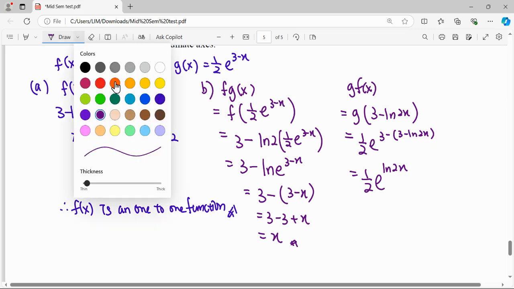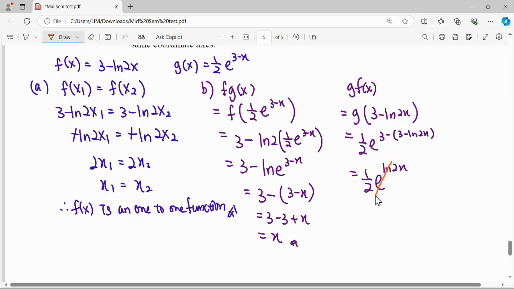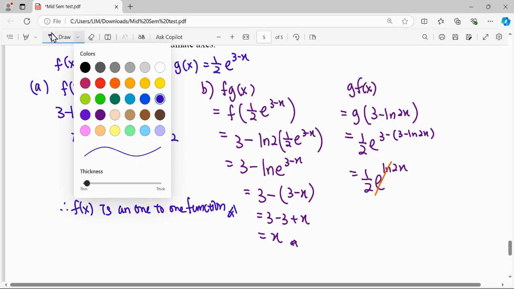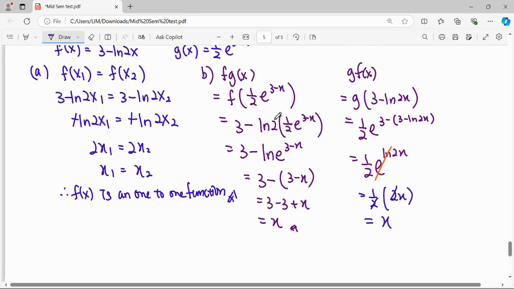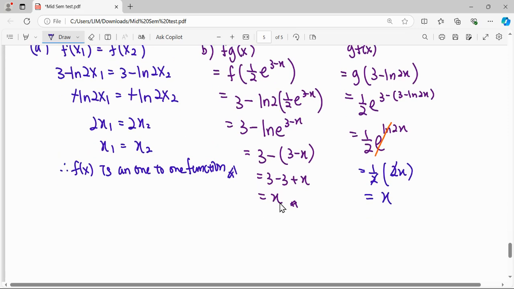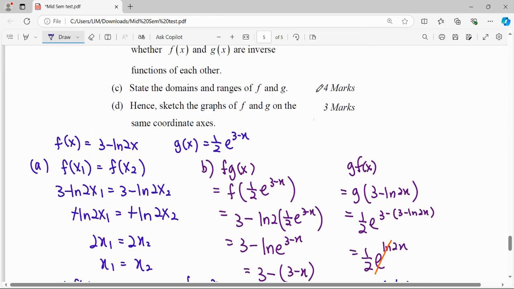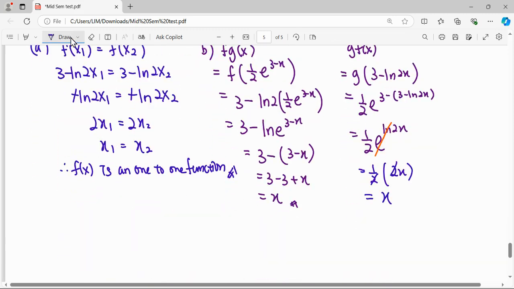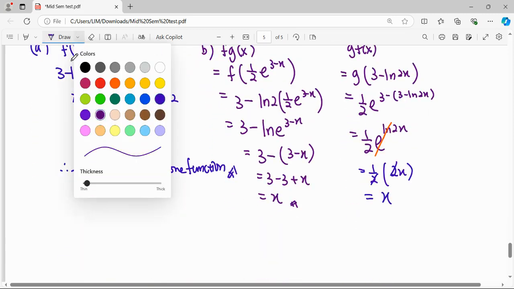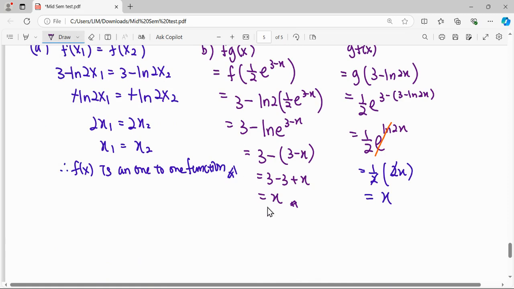Then e to the power of ln x is equal to x. Therefore, we have remaining 1 over 2 times 2x. Then we simplify, it also equals x. So when we have these two composite answers equal to x, here we can do the conclusion saying that f(x) and g(x) are inverse to each other. So once again, write down your conclusion.